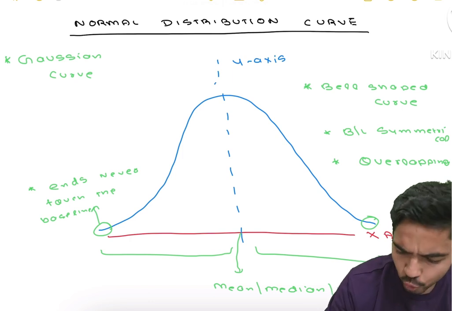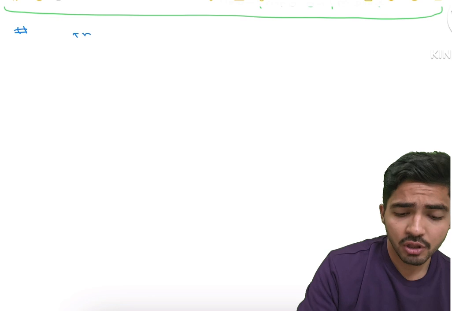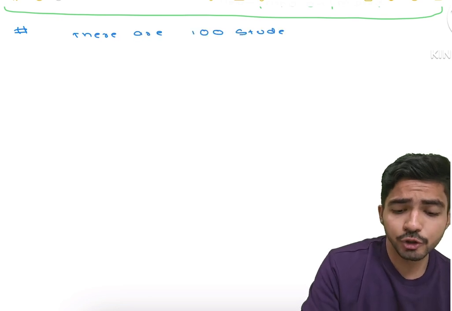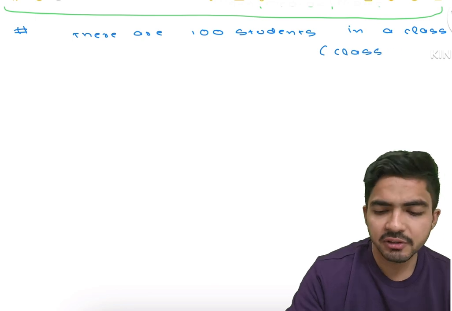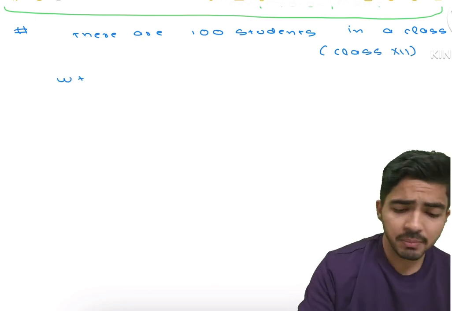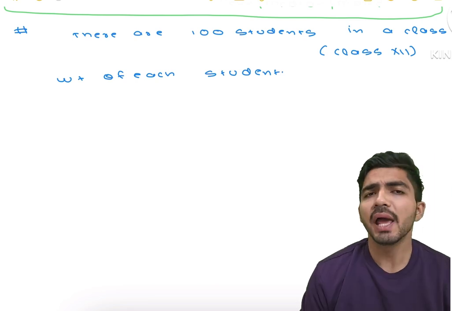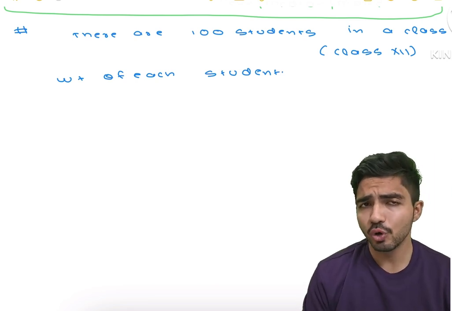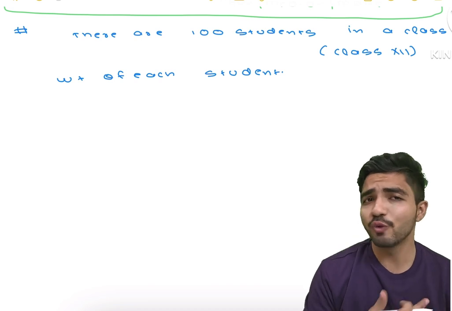Now I will tell you by explaining an example. Let us suppose there are 100 students in class 12th. I measured the weight of each student. Tell me from your point of view, the maximum number of students will lie in which weight range?